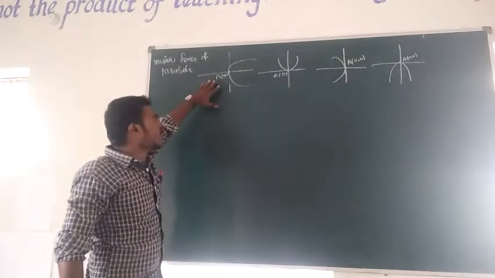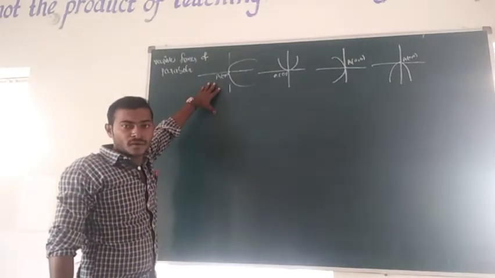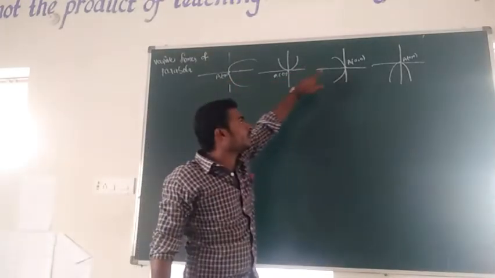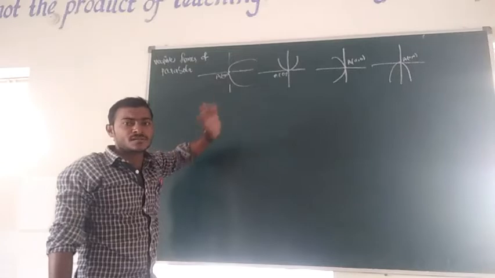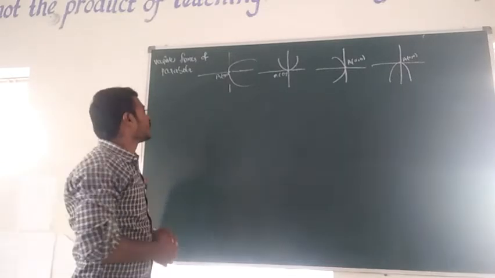We also say that the origin in this curve is called the vertex. In all four forms, the vertex is always A of 0 comma 0.